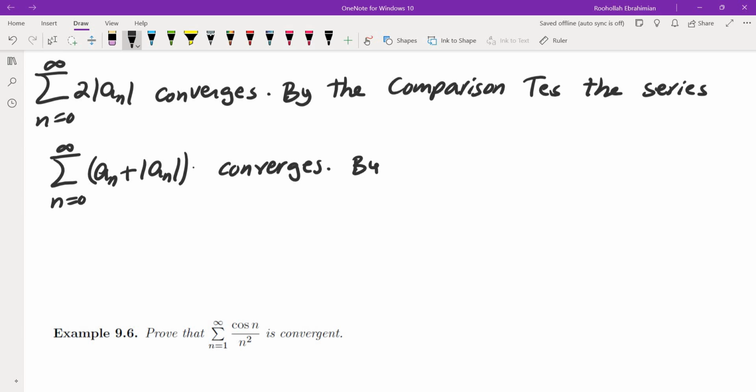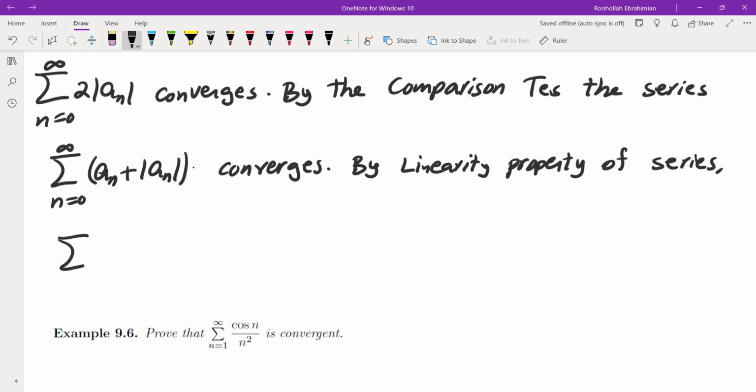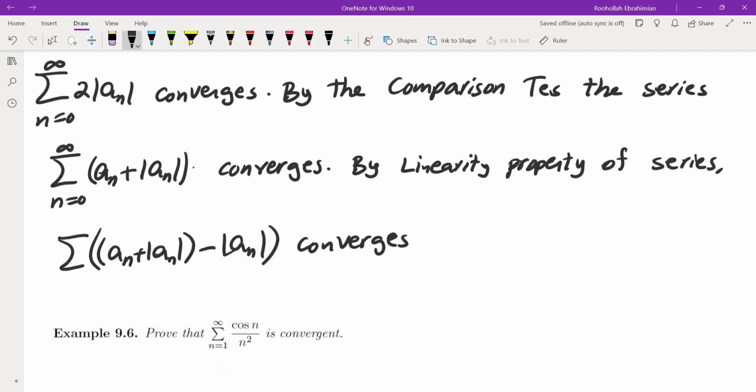Now, by the linearity property of a series, the sum of a_n plus the absolute value of a_n, minus the absolute value of a_n, converges. So we are taking the linear combination of two series.